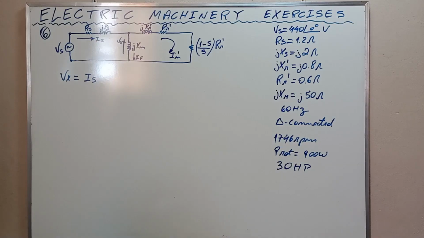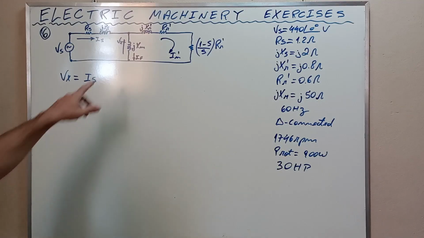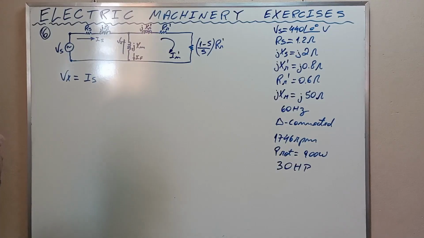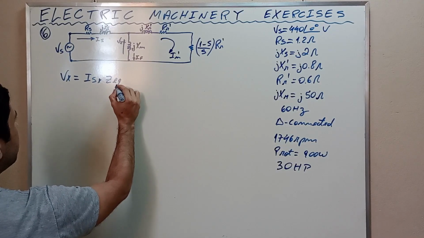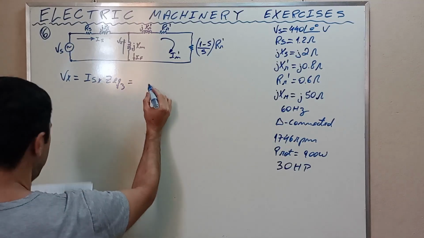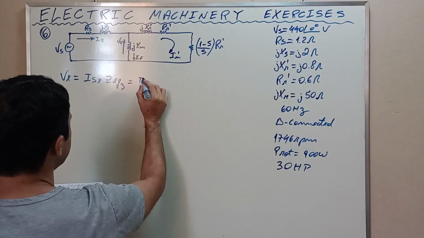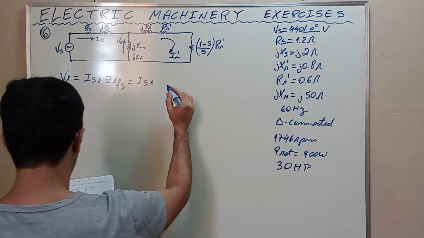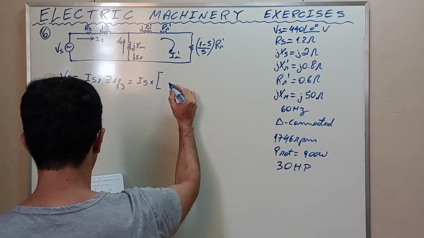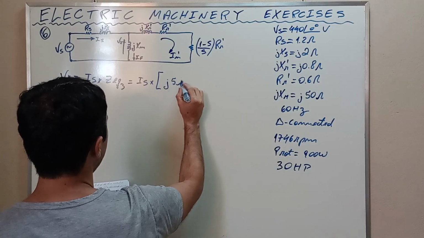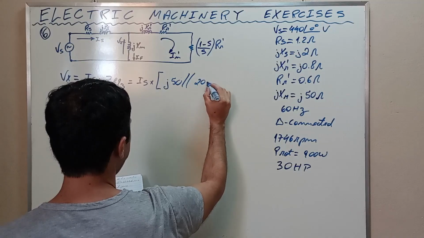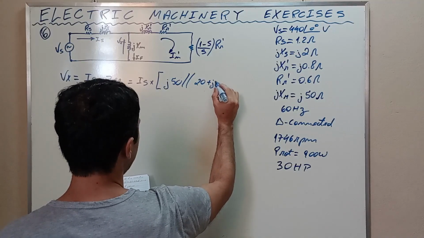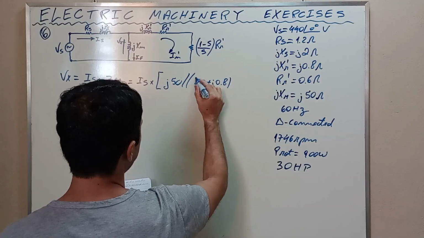So Vx is the current of the source times the equivalent impedance number 3, which is Is times J50 in a parallel connection with 20 plus J0.8.